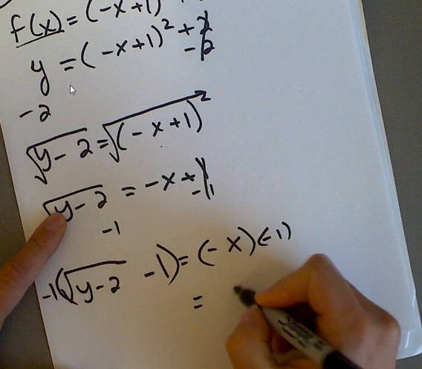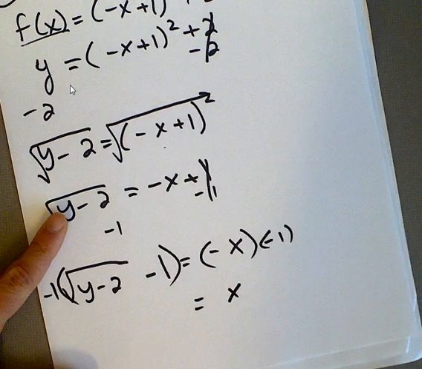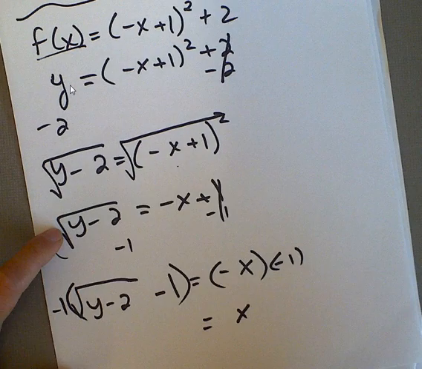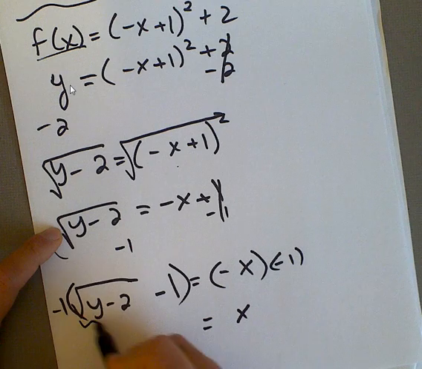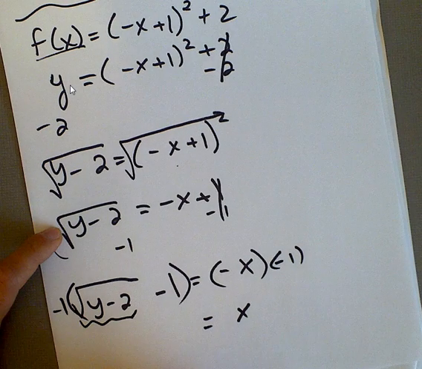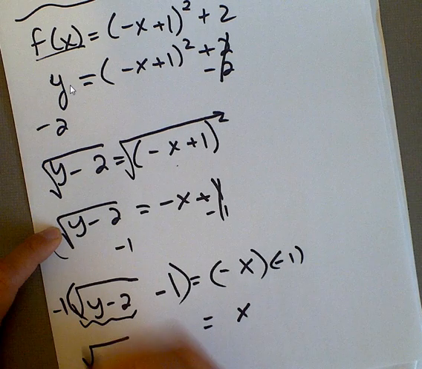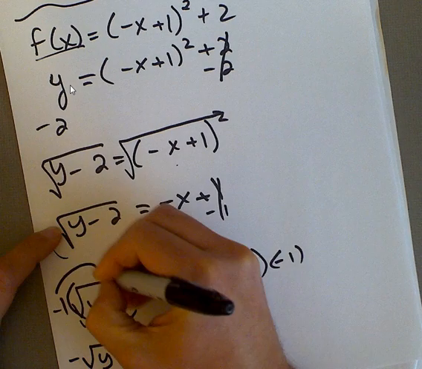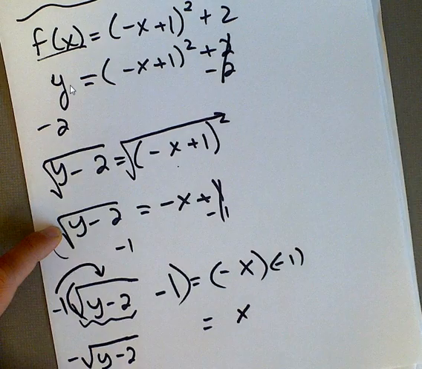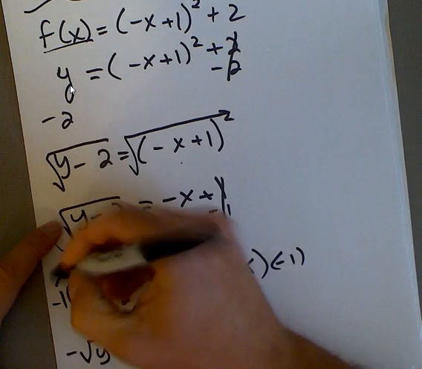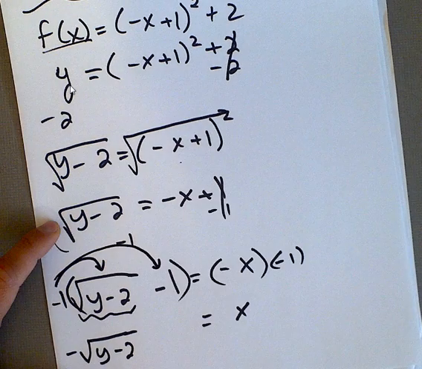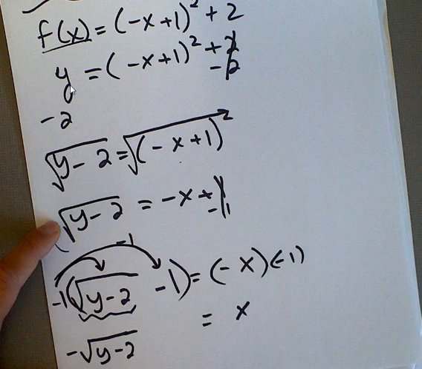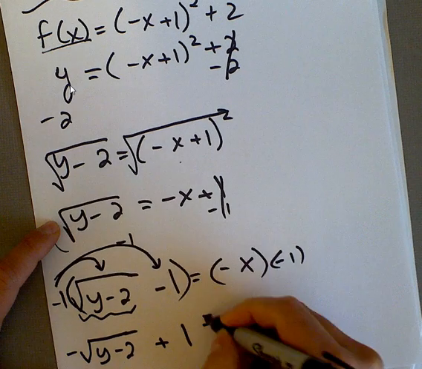So on the right, you have just x left. And on the left, your first term, which is the square root of y minus 2, becomes negative square root of y minus 2, because this negative distributes to the stuff inside the square root. And then negative 1 times the negative 1 becomes plus 1.